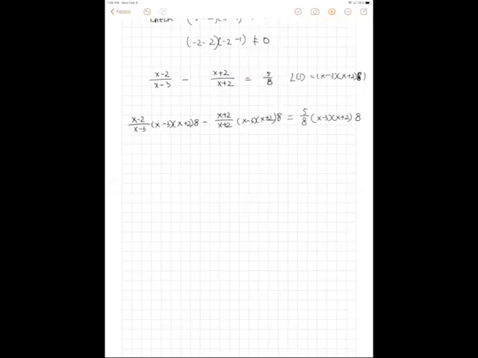And then you reduce the fraction, you will have this one. (x minus 2) times (x plus 2) times 8 minus (x plus 2) times (x minus 3) times 8 equals 5 times (x minus 3) times (x plus 2).